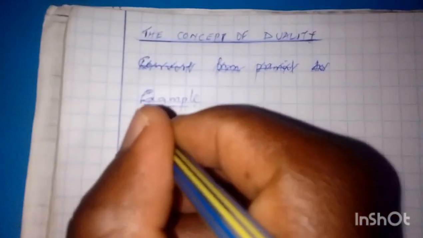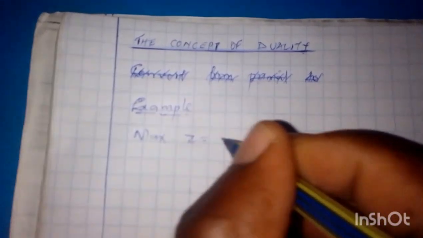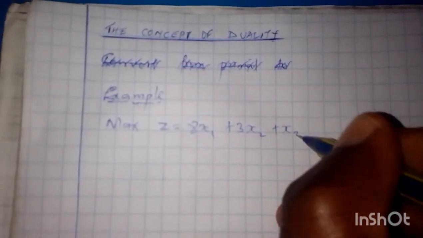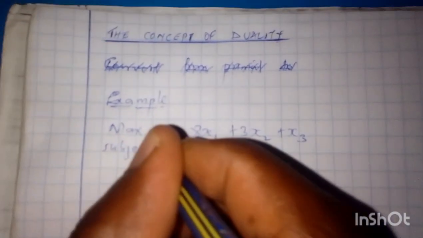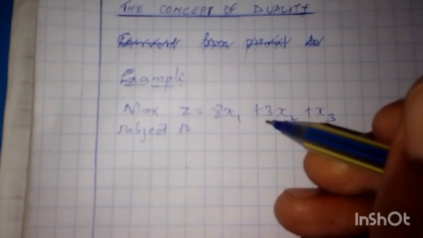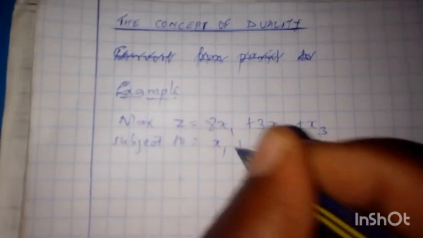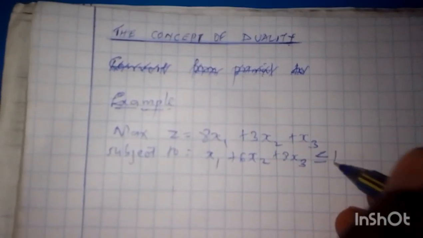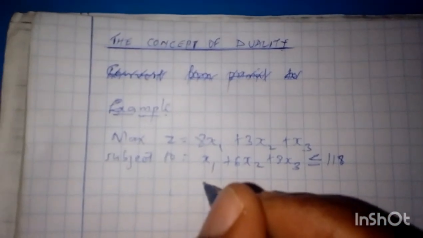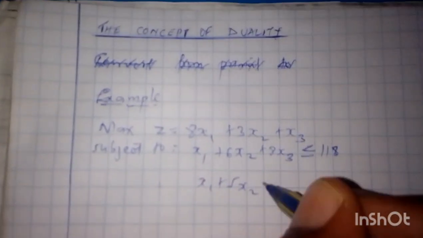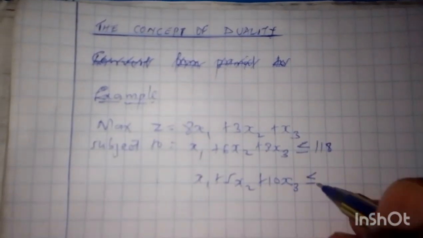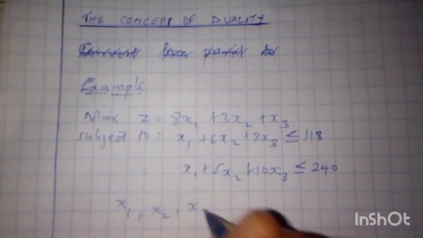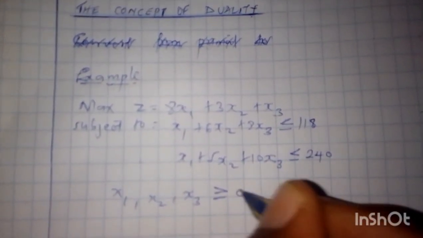In its primal: maximize z equals 8x1 plus 3x2 plus x3, subject to x1 plus 6x2 plus 8x3 is less than or equals to 118, x1 plus 5x2 plus 10x3 is less than or equals to 240, and x1, x2, x3 are greater than or equals to 0.